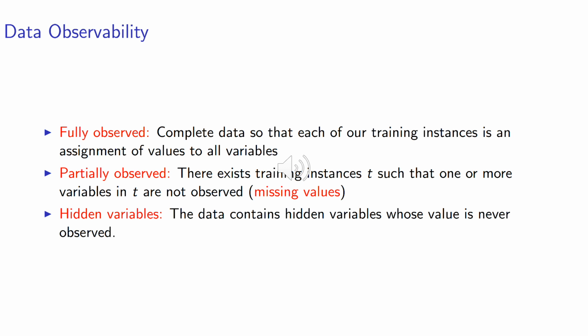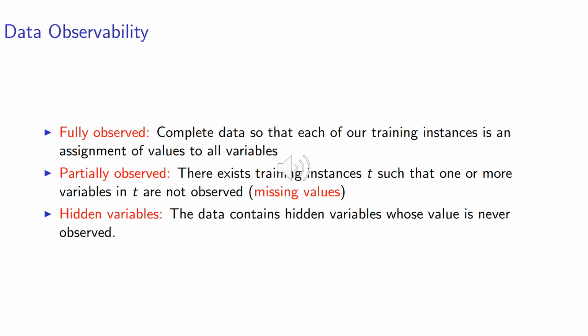As you can imagine, the learning task becomes harder as we move from fully observed data to partially observed data to graphical models that have hidden variables. So as we move from top to bottom, the learning task becomes harder. As a result, the learning algorithms that we'll discuss will also get more and more complicated and sophisticated as we move from top to bottom.